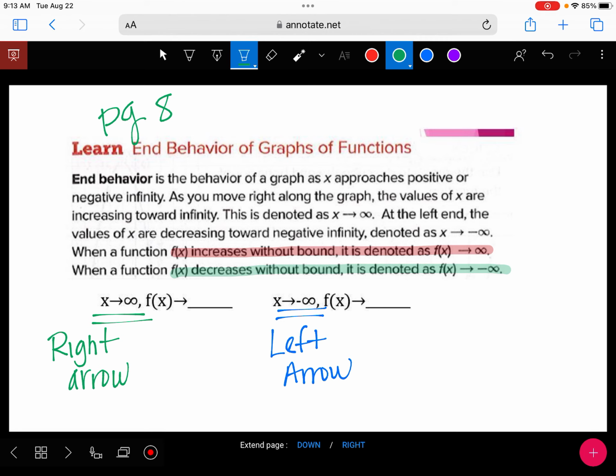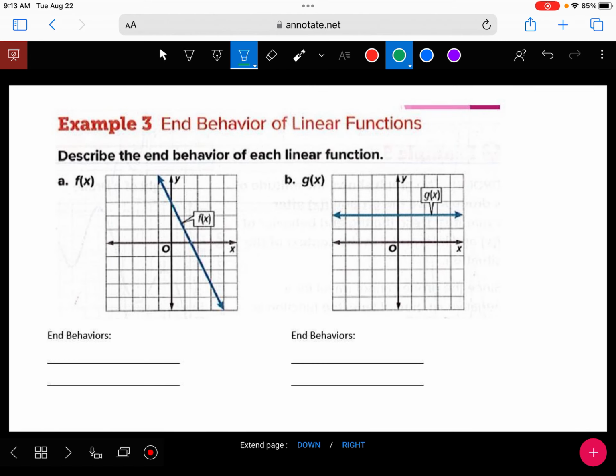So when we talk about end behavior, we're simply going to put a positive infinity or a negative infinity. All right, so let's go ahead and write our statement out.